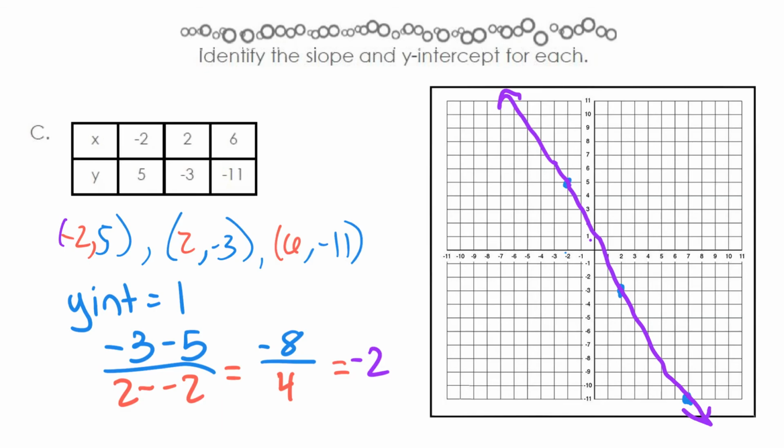So there's our slope, and we can also look that we went down 1, 2, 3, 4, 5, 6, 7, 8, and over 1, 2, 3, 4, which is negative 2. So we know that we calculated our slope correctly because we went down and over. So we went down negative 8 and over 4.